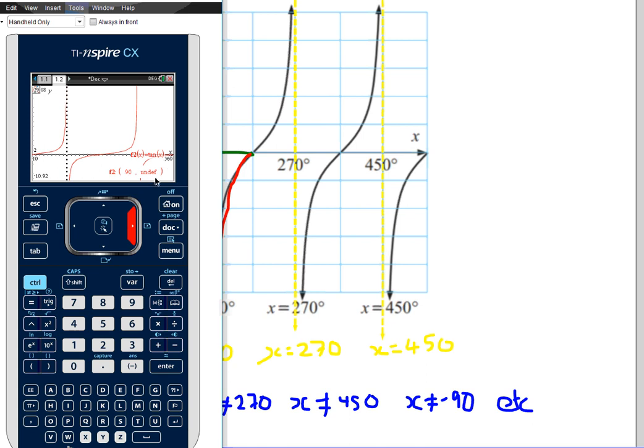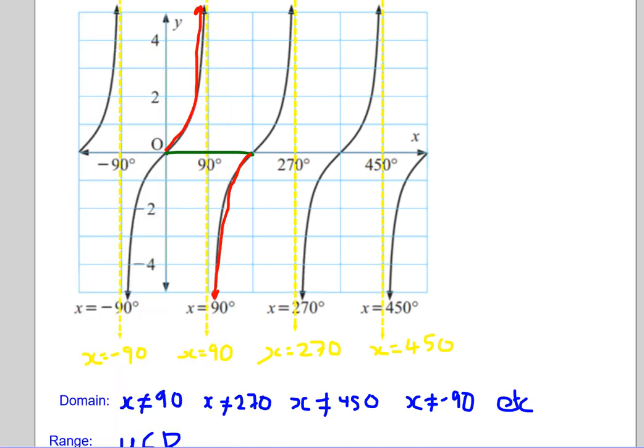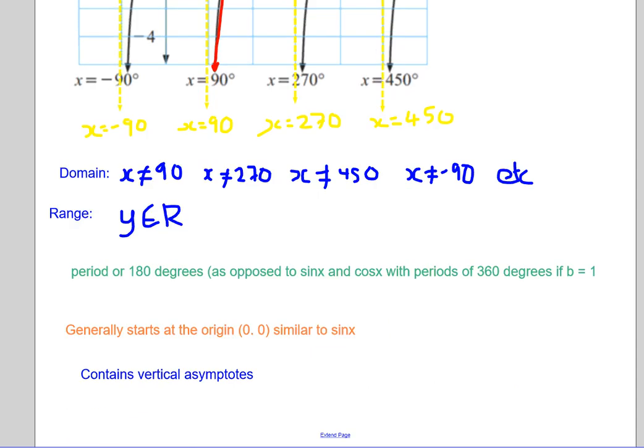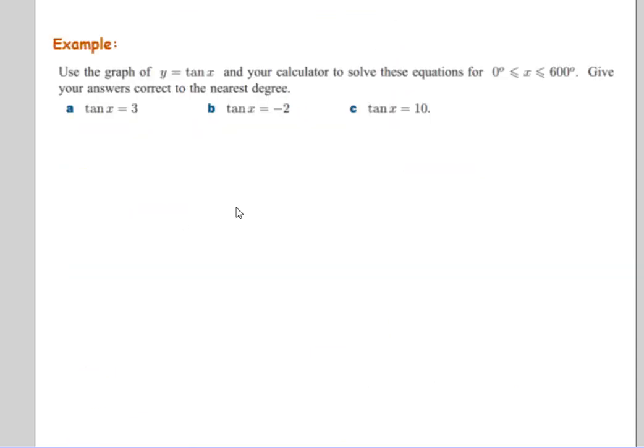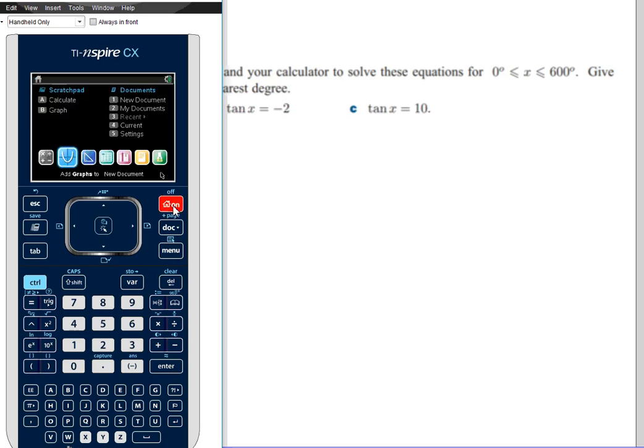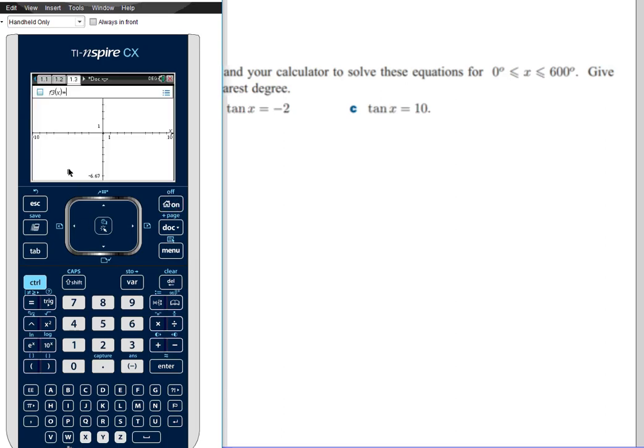Now we've got to do some stuff here. Okay, so use the graph of y equals tan x, the basic one, on your calculator and solve these equations for 0 to 600. So we need to do the graph of tan x, so let's pretend we haven't done it already. So y equals trig tan x, enter. Oh, got to adjust my menu.